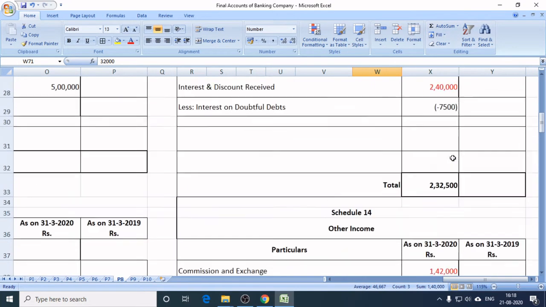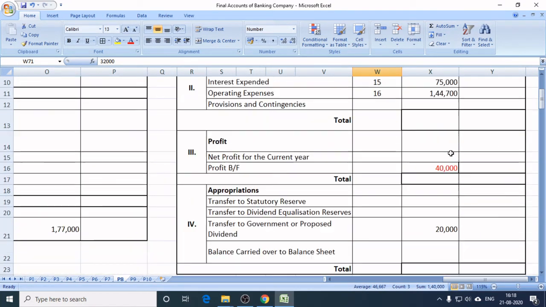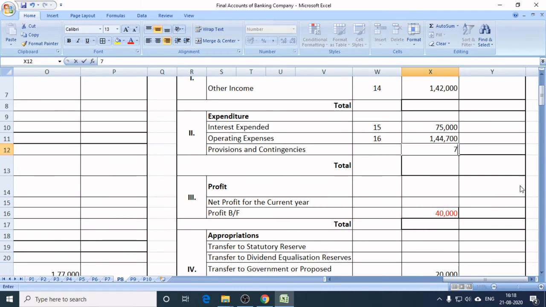So here I will show 70,000 rupees. यहाँ पे 70,000 आएगा.